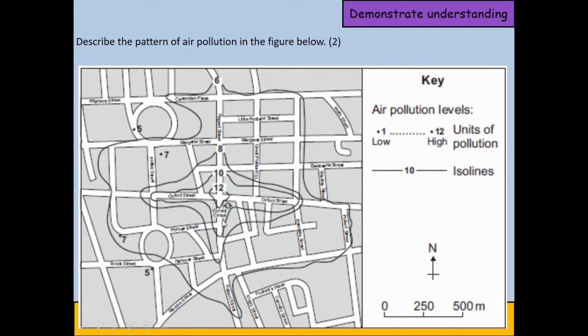Then here, Oxford Circus. So I want you to describe the pattern. Where is it highest? And then how does it radiate out? It's only 2 marks. So you want to give me that Oxford Circus has the highest level at 12 units.